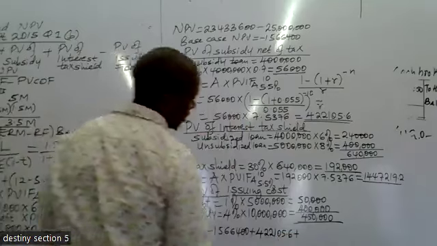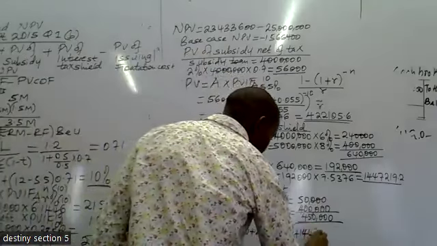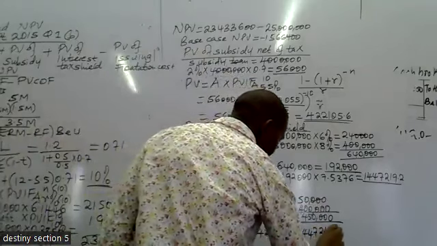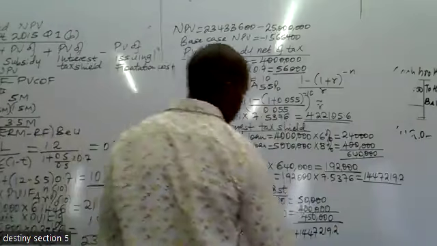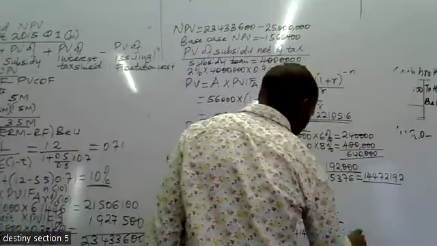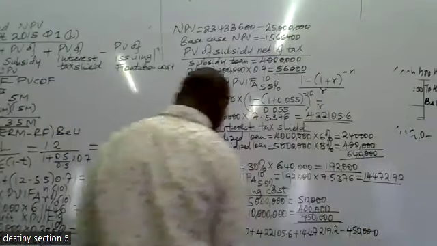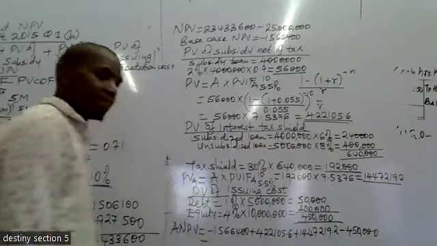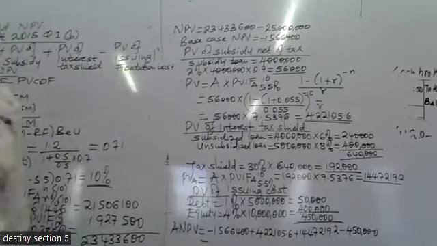We also add 1447.219. Then we also less 450. So what is our adjusted NPV? What is our adjusted NPV?